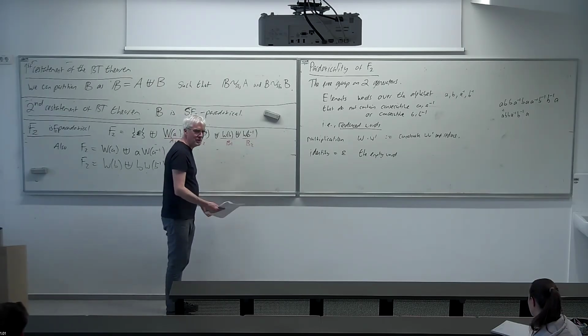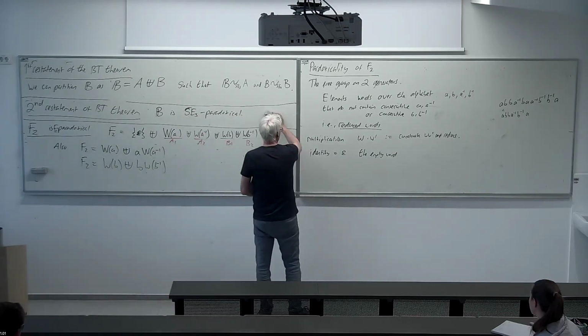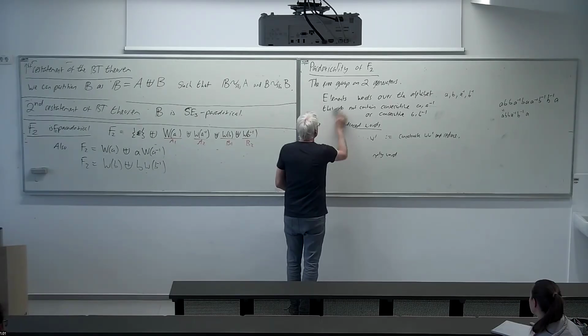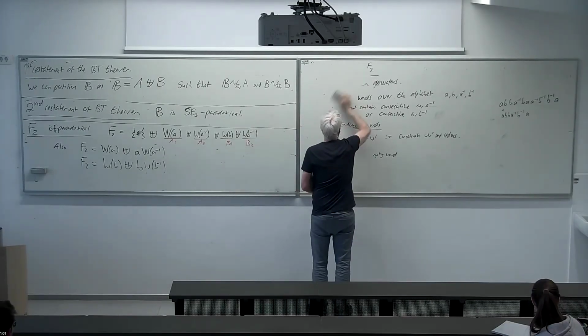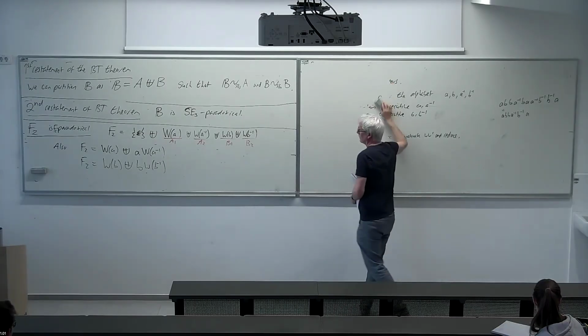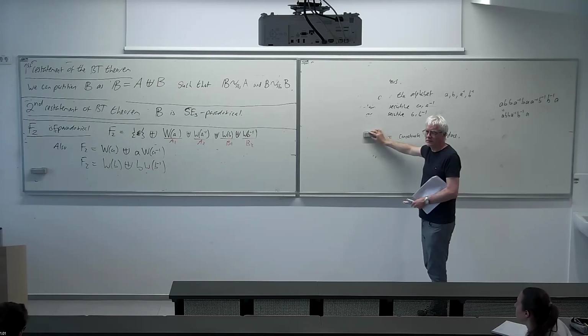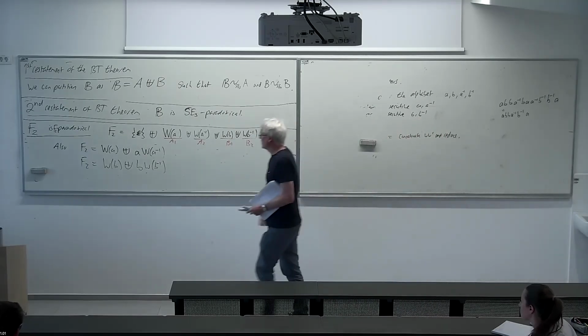Okay, so very good. But what does this have to do with geometry? So now we get the crucial link with geometry. Excuse me, am I misremembering something about paradoxicality?